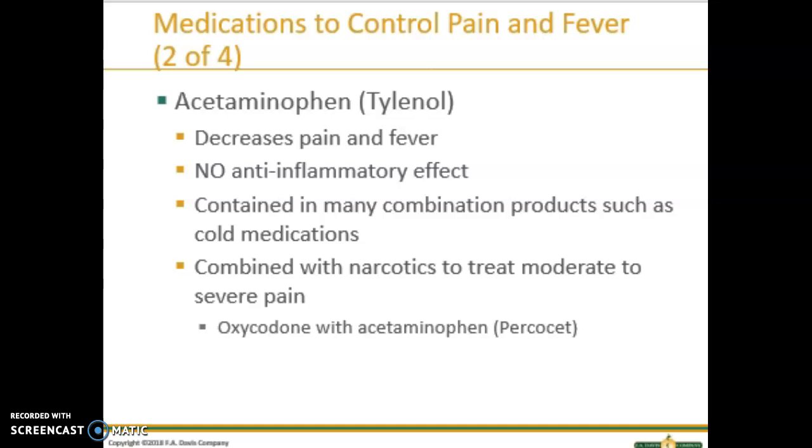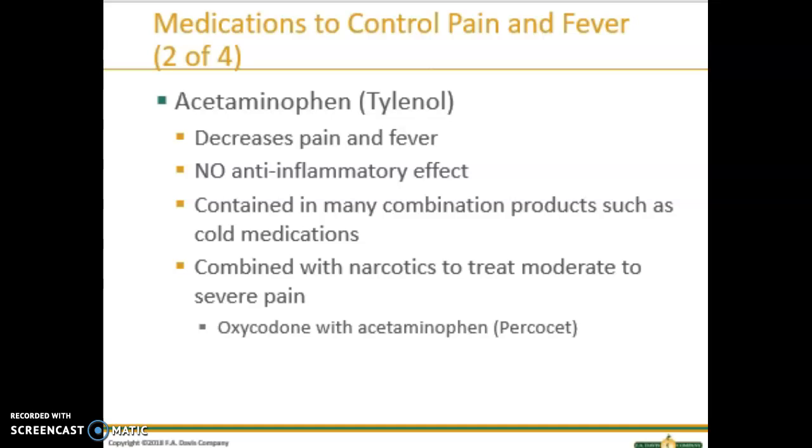Narcotics are strong painkillers that act to suppress the central nervous system. And the active ingredient in most narcotics is opium, so they're opioids. And because narcotics produce a euphoric feeling, they can also cause psychological or physiological dependence. And it's important that we know our patient's history with this.